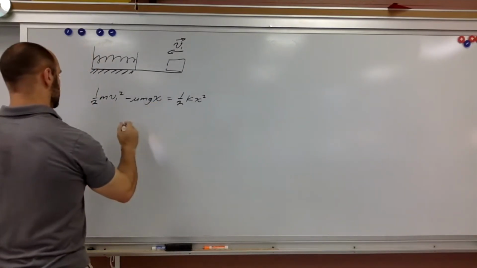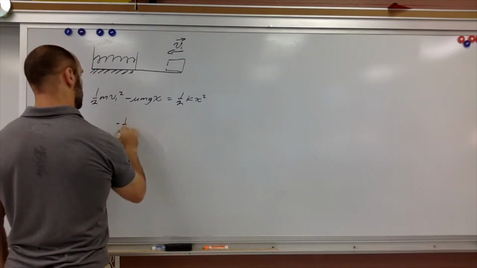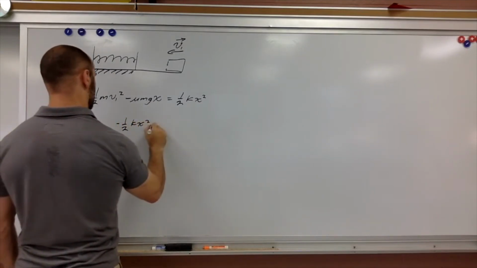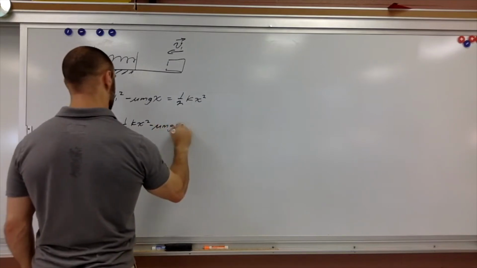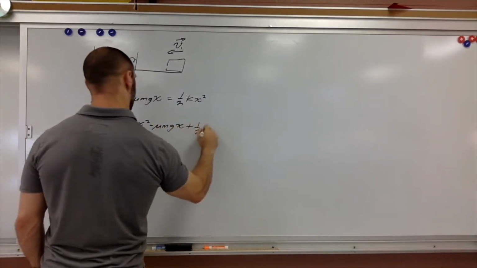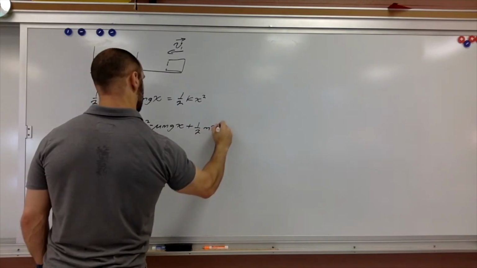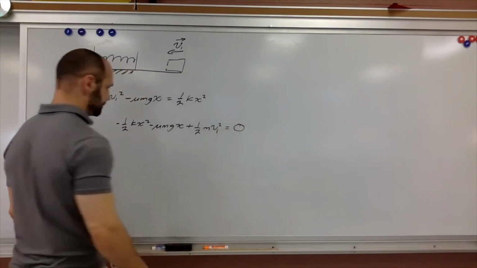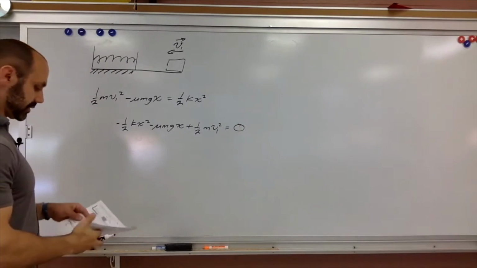Sorry. So I've got negative 1/2 kx squared minus mu mgx plus 1/2 mv1 squared equals 0. And now I apply the quadratic formula.